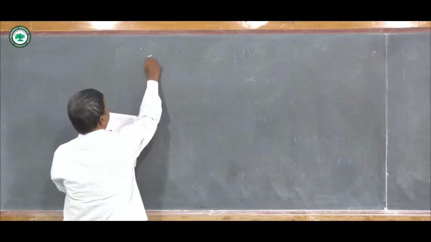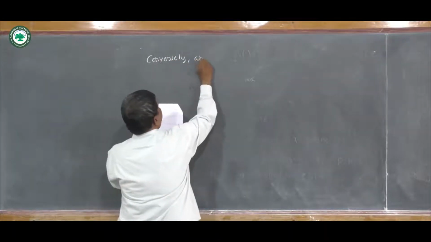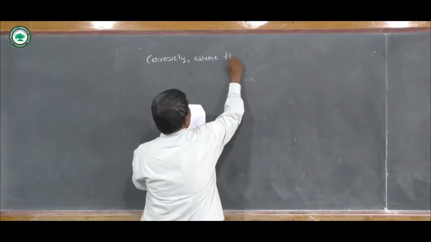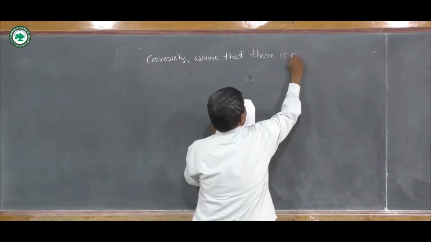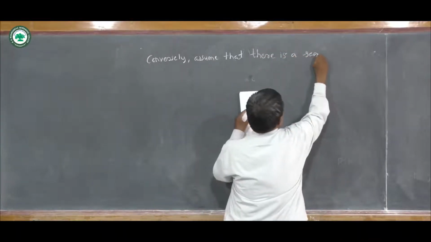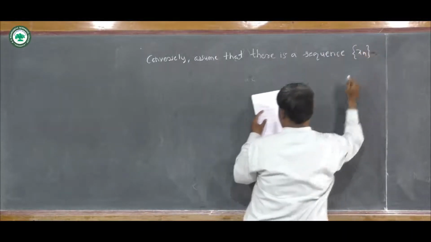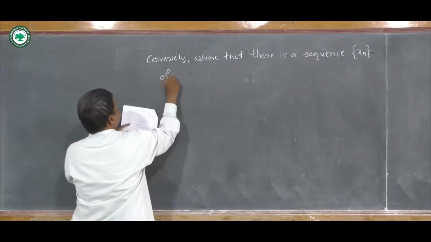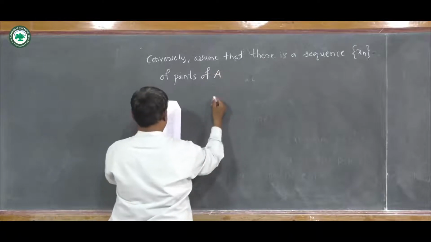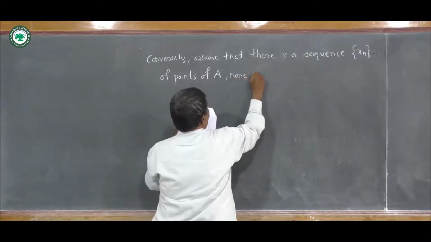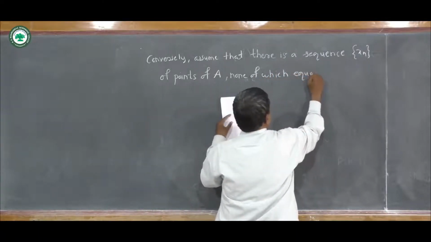So we write here, conversely, assume that there is a sequence xn of points of A, none of which equals x.